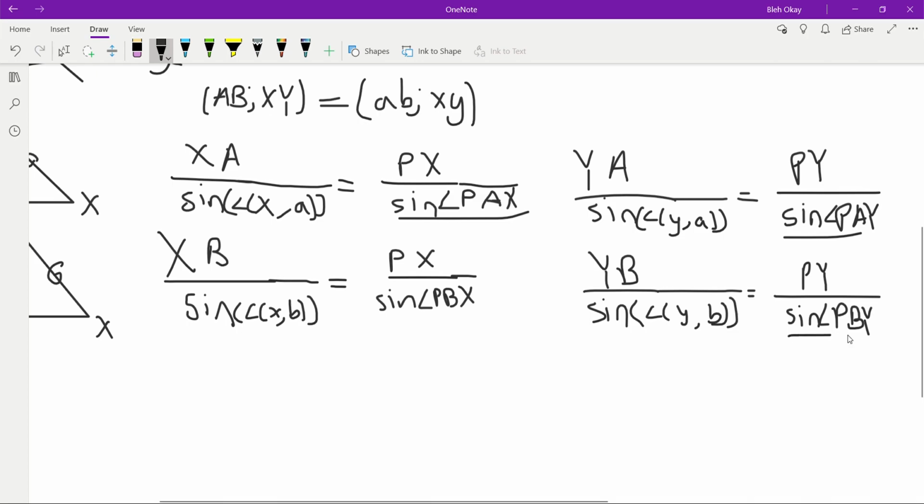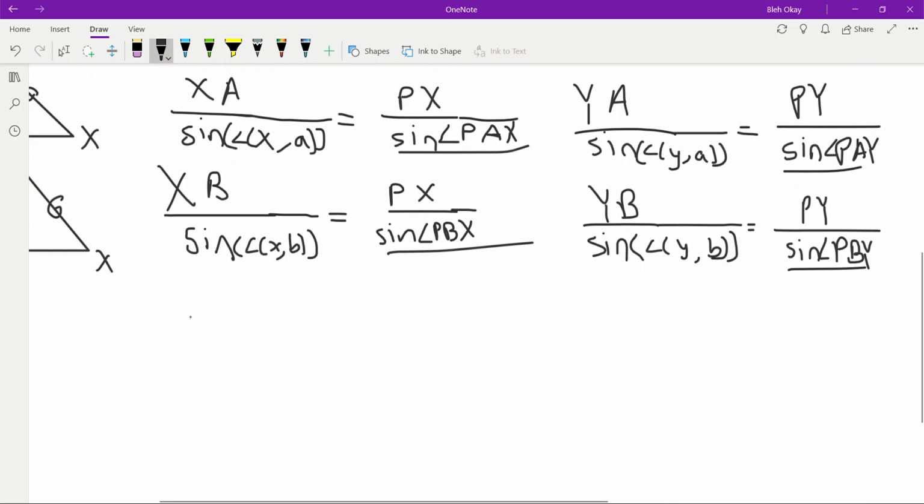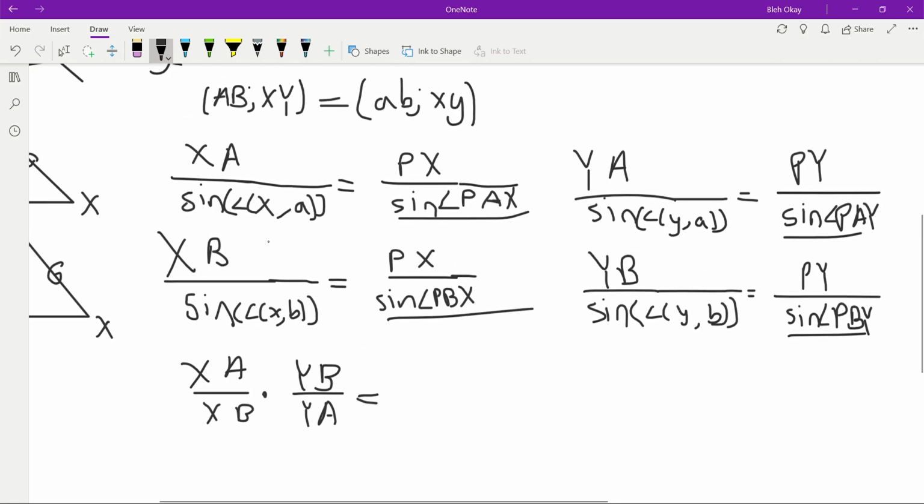And again, these two sines are going to be equal to each other. So all we have to do is take XA over XB times YB over YA and plug in all our expressions.